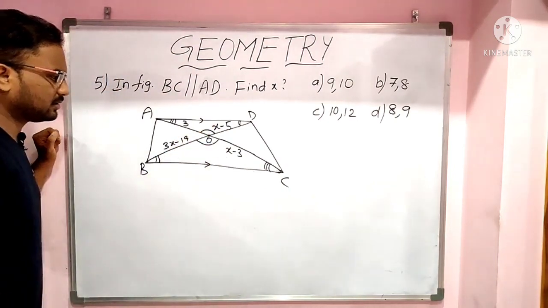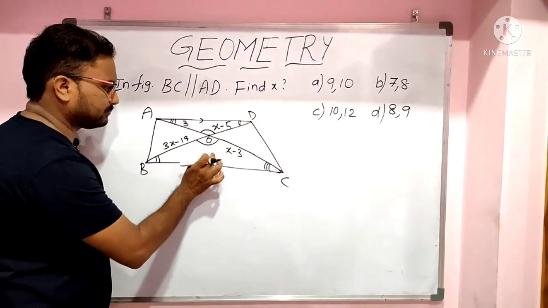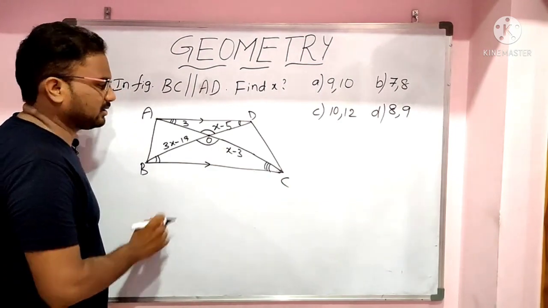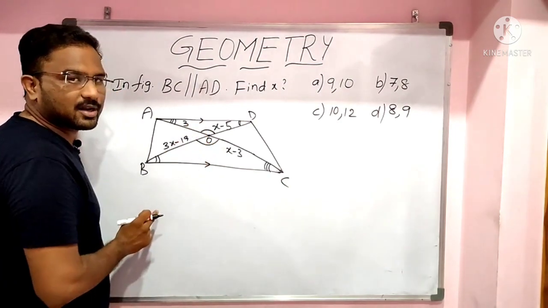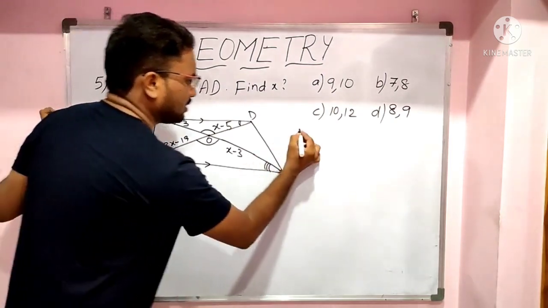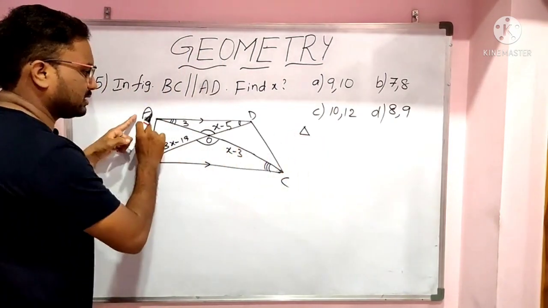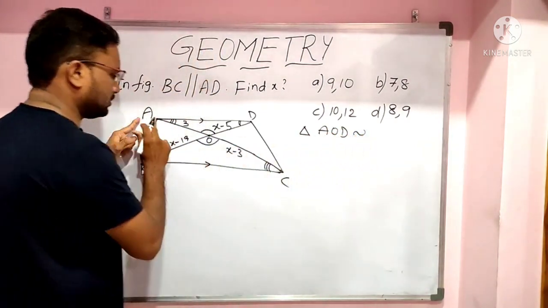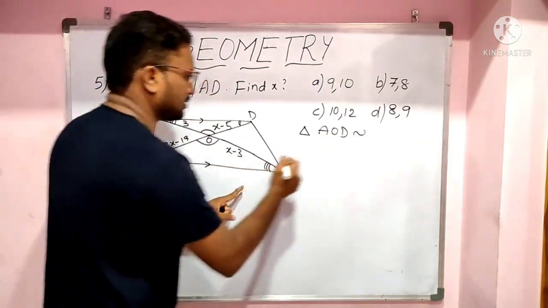So according to the angle property, these two triangles are similar triangles. So from this, triangle AOD is similar to triangle COB.